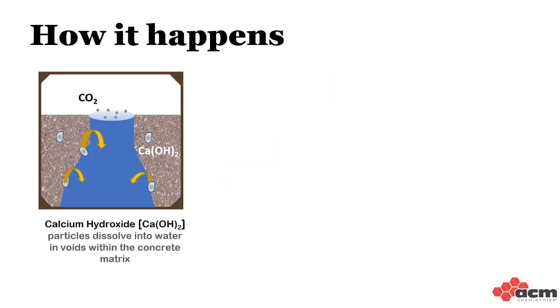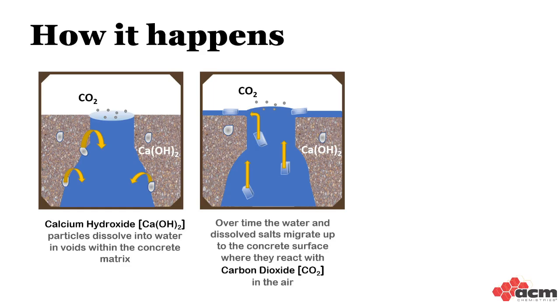Here's a simplified version of how efflorescence occurs. During the cement hydration process, a byproduct called calcium hydroxide is produced. As we see in the graphic, these calcium hydroxide particles in the concrete matrix are slightly soluble in water. So if there's water present in the voids in the concrete matrix, it's fair game for the calcium hydroxide to dissolve into.